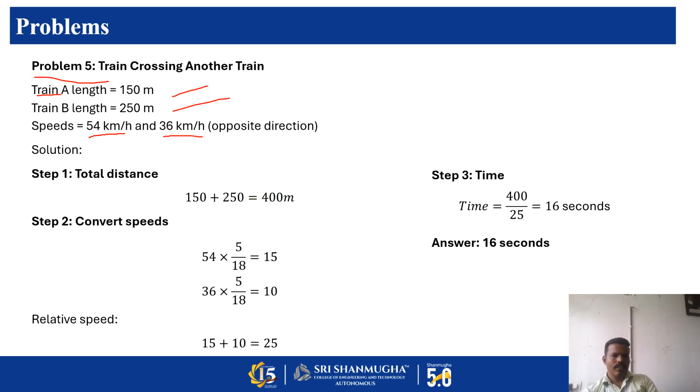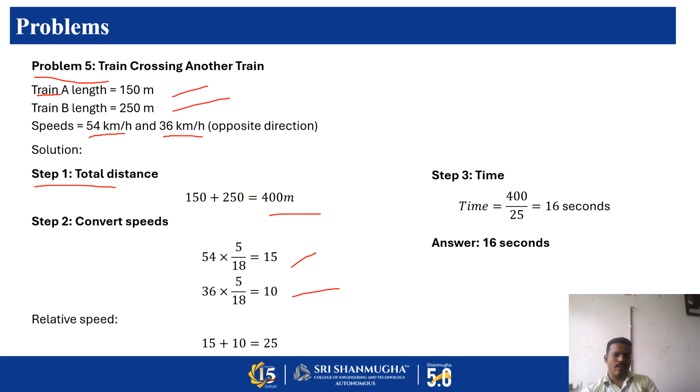For the solution, we have three steps. First, the total distance is 150 plus 250, which is 400 meter. Next, convert the speeds using 5 by 18. Train A speed comes to 15, and 36 into 5 by 18 is 10.